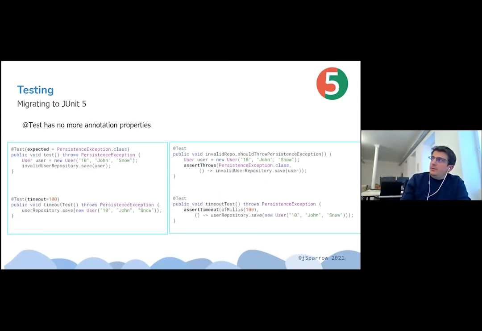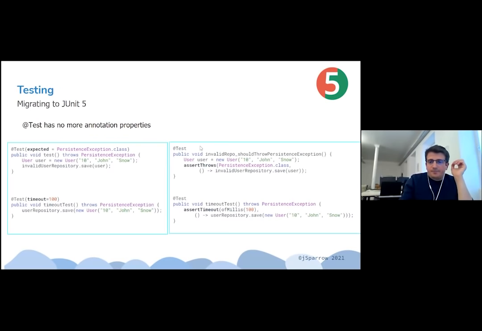Another example would be a third-party library that we use suddenly introduces a new version, and we might want to catch up with that. For example, let's say we want to transition from JUnit 4 to JUnit 5. What do we have to have in mind? The first thing is, in JUnit 5, the test annotation contains no annotation properties.